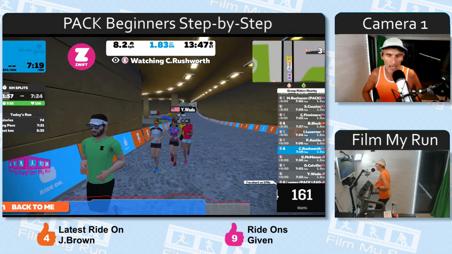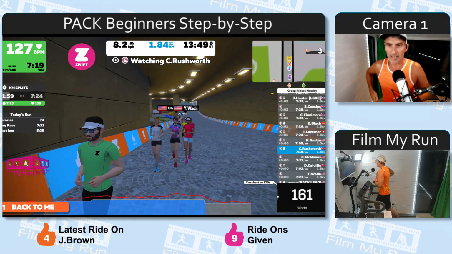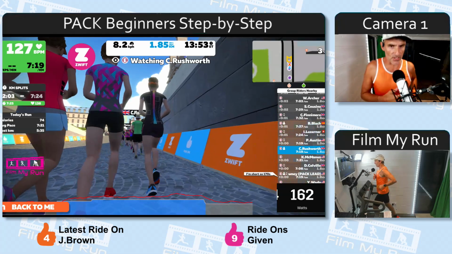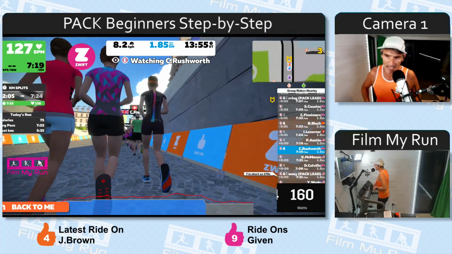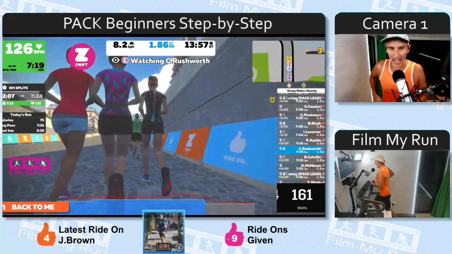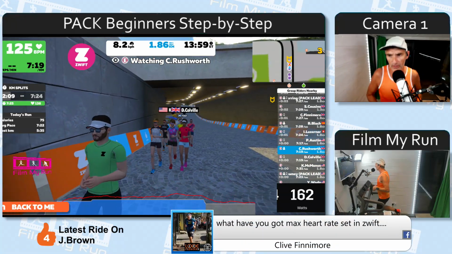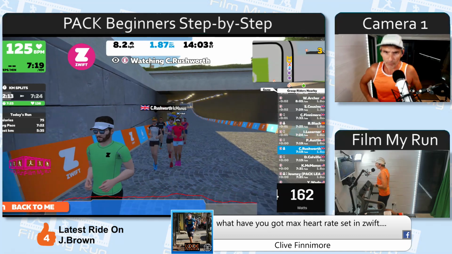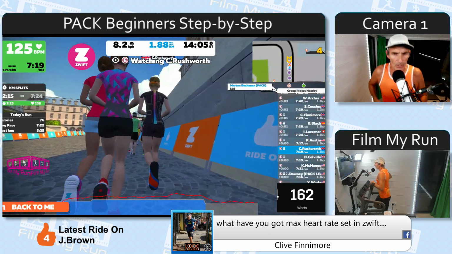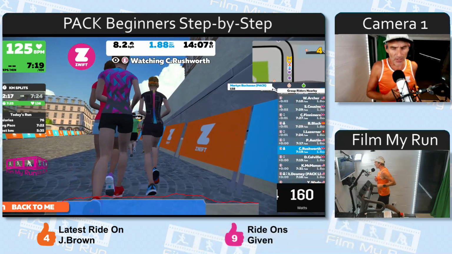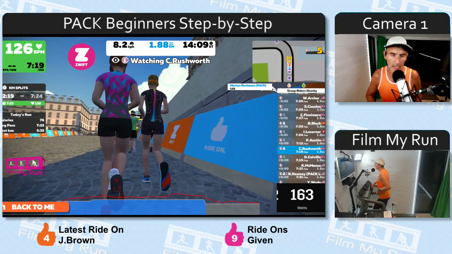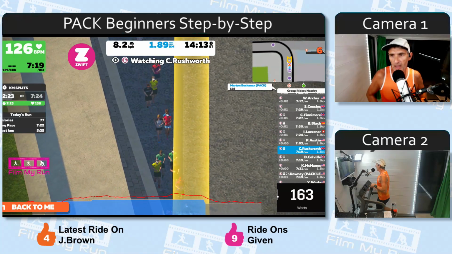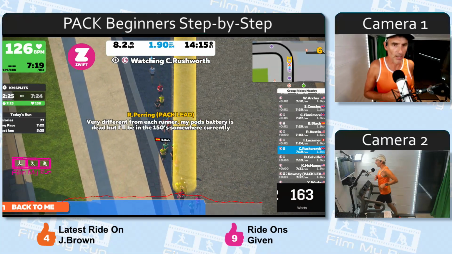I'm currently running on the treadmill in New Balance 1080s. I don't have a particular preference, to be perfectly honest with you, when it comes to treadmill trainers, as long as they're comfortable and fairly cushioned, then I'm quite happy, and these are very nice.